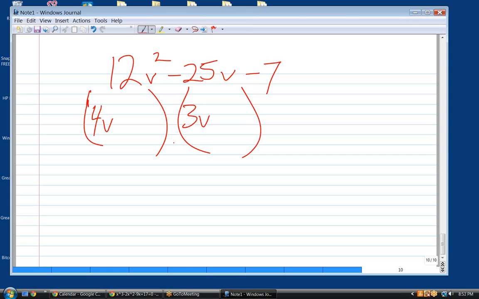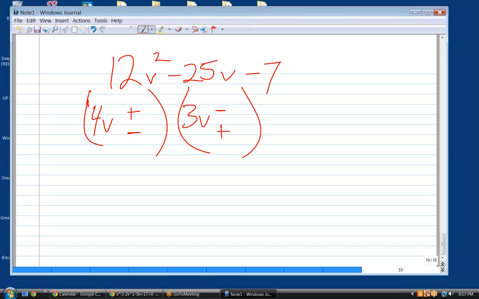Now what are the signs going to be? Plus minus, or minus plus. Notice that they are different. If the coefficients are the same, all I need to do is write a plus minus, and that's it. No minus plus.